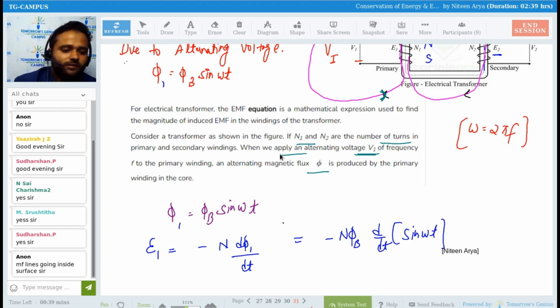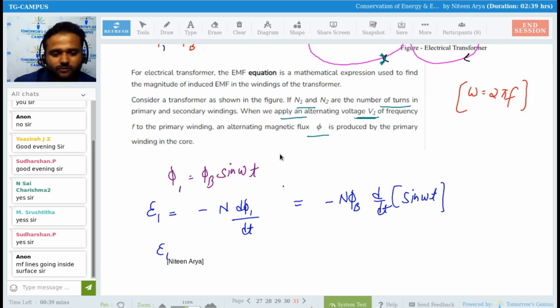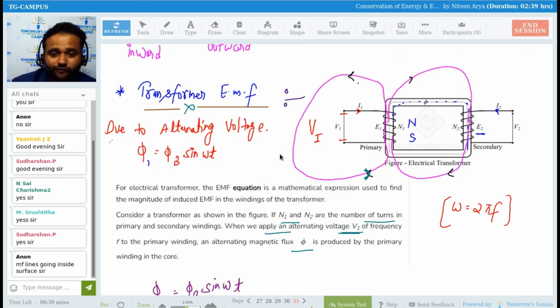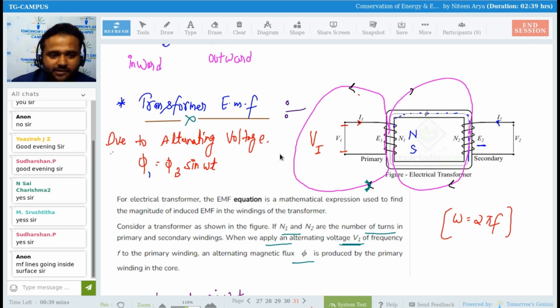So this E1 is going to be minus N1 phi m omega, and with minus minus cancelling out, cos omega t. Is this clear? Now this is your induced EMF voltage for the primary. I am repeating, for the primary, not for the secondary.